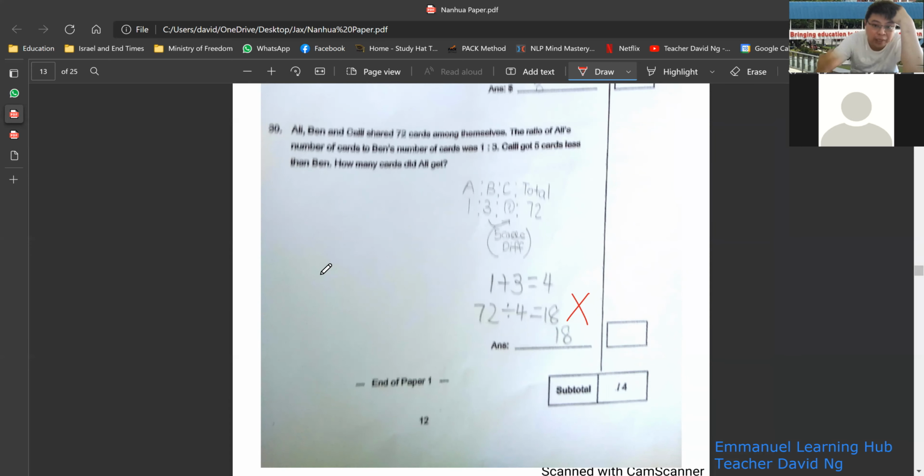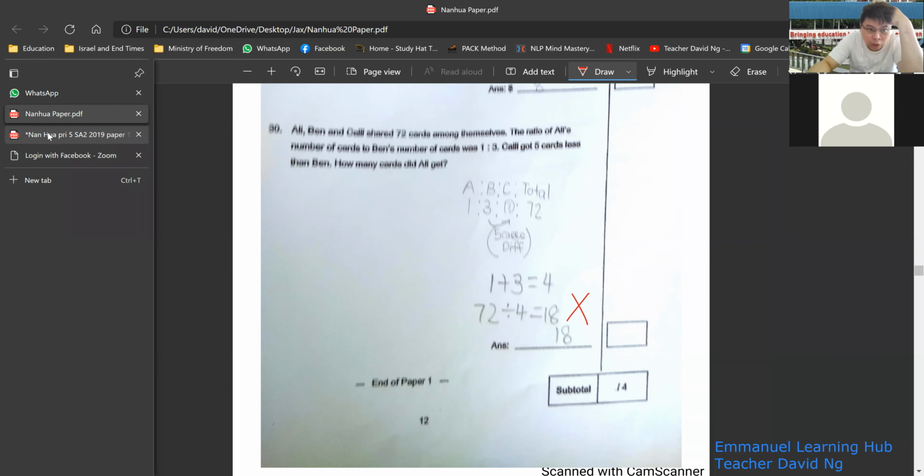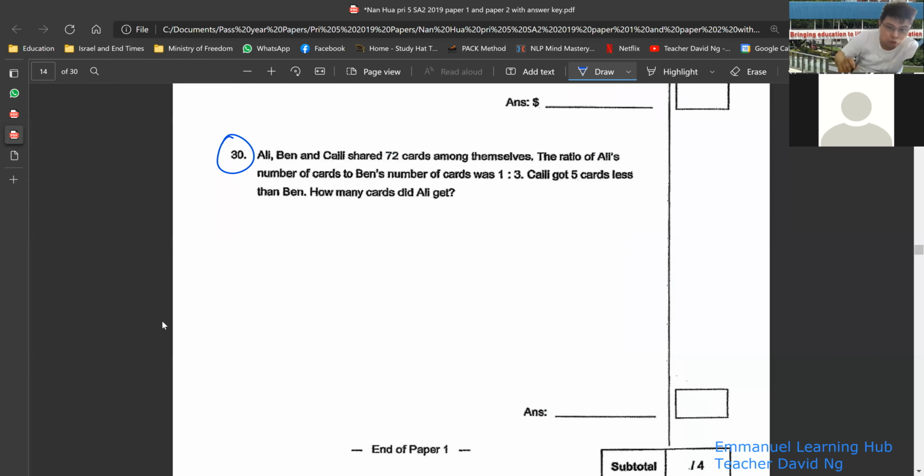For this kind of question, it's very tempting to use ratio because they already indicated ratio down there. But it's better to draw a model. How do you know you need to draw a model instead of relying on ratio?